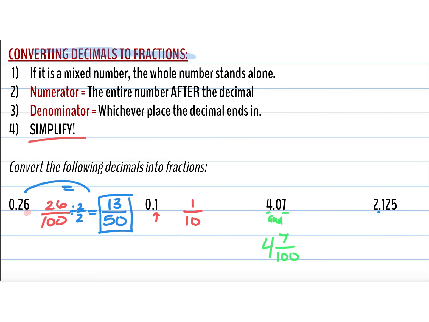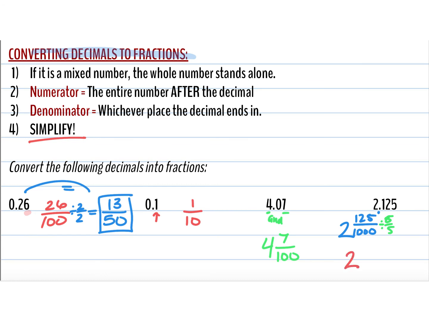2 and 125 thousandths. So I write 2 and 125 per 1,000. Notice again, though, simplifying. This one ends in a 5, this ends in a 0, so I know they're both divisible by 5 maybe to start. Might not be their greatest common factor, but it is a factor.